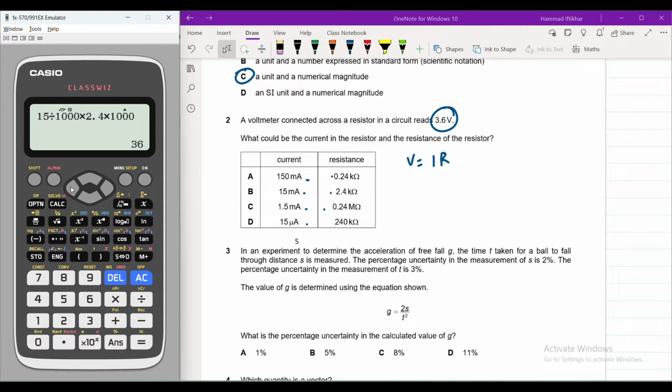We still get 36. Now let's try 1.5 and 0.24 mega ohms. And 1.5, we get 360. So the only thing left is 15 and 240 at the end.